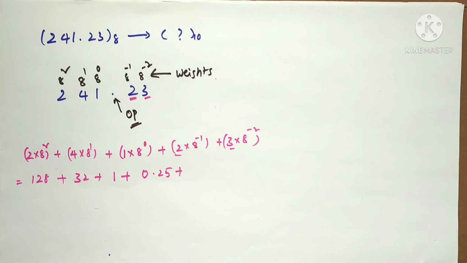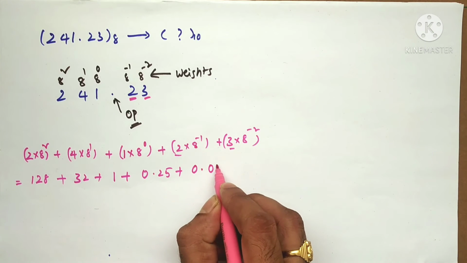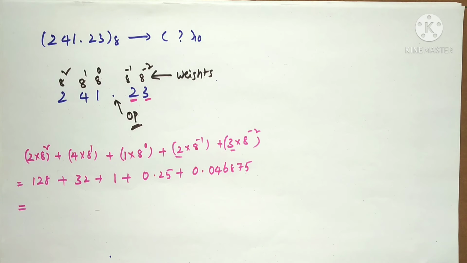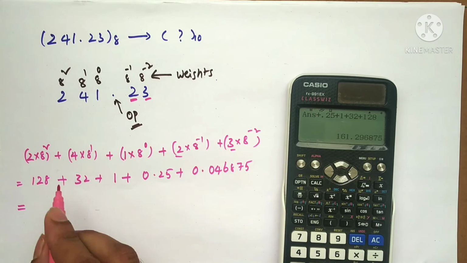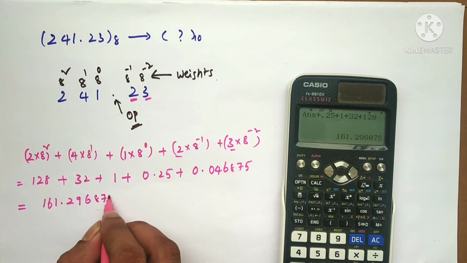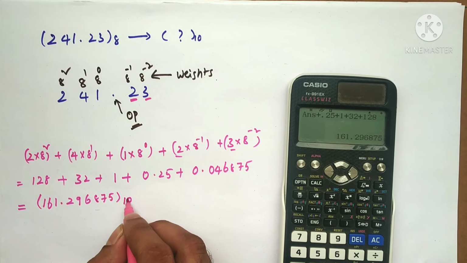Plus 3 into 8 power minus 2 is 0.046875. Okay, if I add all this, 0.25 plus 1 plus 32 plus 128, the answer is 161.296875 to the base 10. So this is the answer.